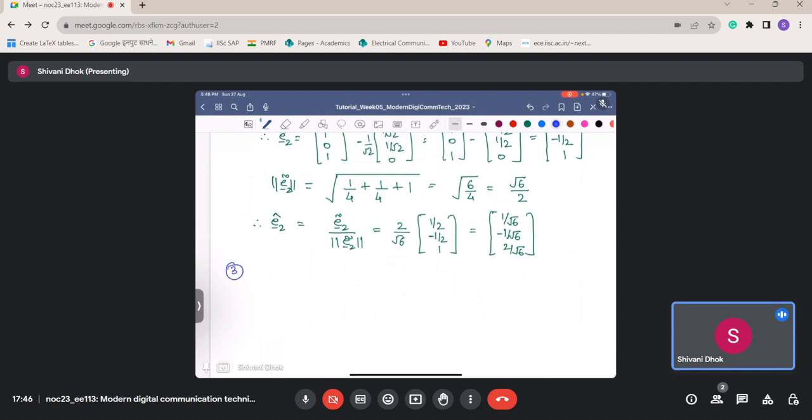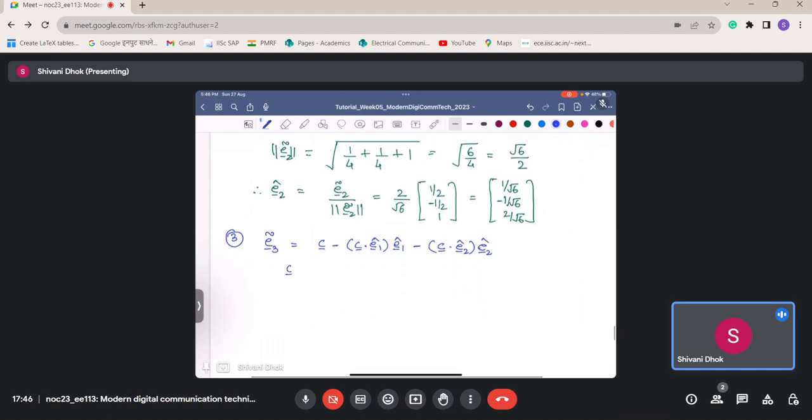And next we need to find the third one, that is e3 tilde. Let's start with that intermediate vector. So this e3 tilde will be c minus (c inner product with e1 hat) into e1 hat minus (c inner product with e2 hat) into e2 hat.